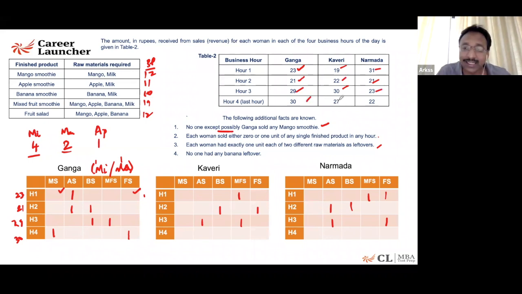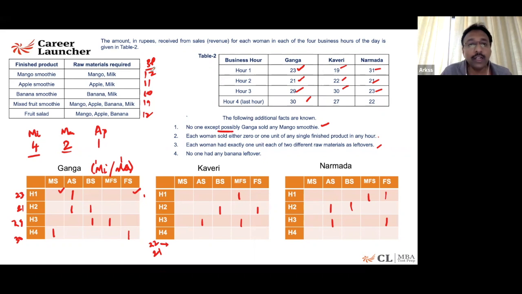Now 27. 27 minus, again, if I do 3, it will be 24. But we know that Kaveri cannot sell mango smoothie, so it cannot be 3. It has to be again 5 or 6. So 27 minus 5 is 22. Or if it is minus 6, it is 21.